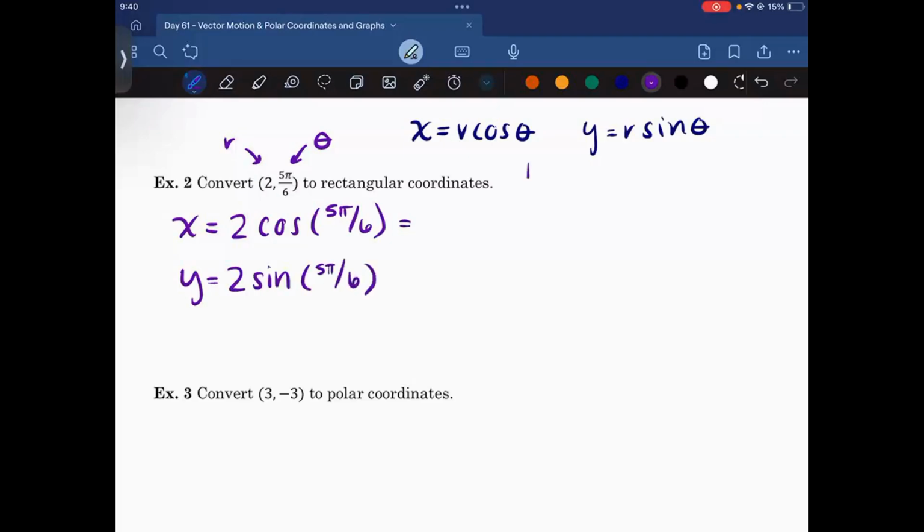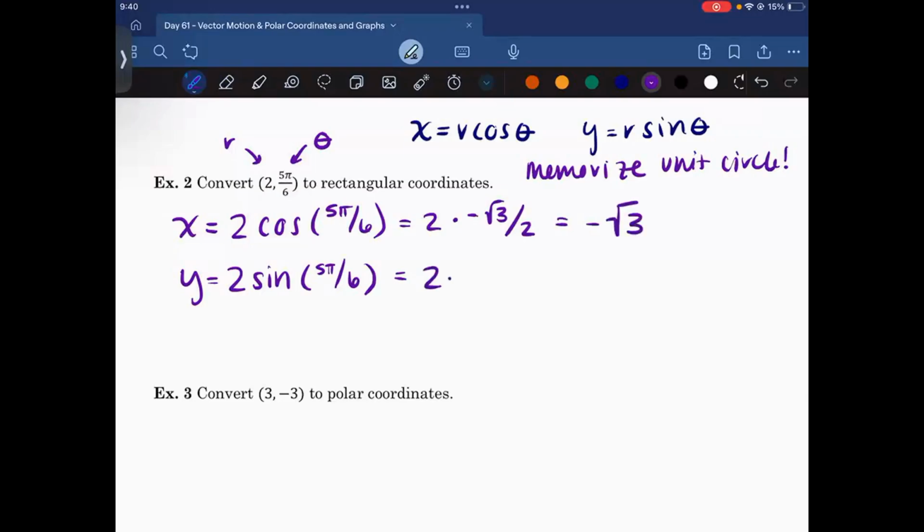You've got to memorize the unit circle. So we have 2 times negative square root of 3 over 2 equals negative square root of 3, and y equals 2 times 1/2 equals 1. So we have negative square root of 3, 1 as our answer.